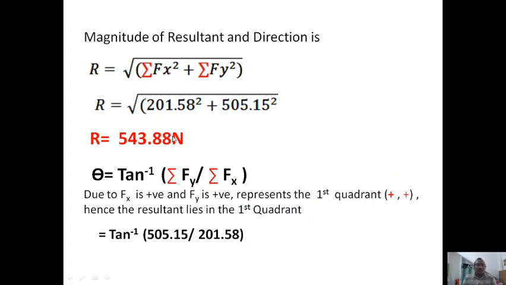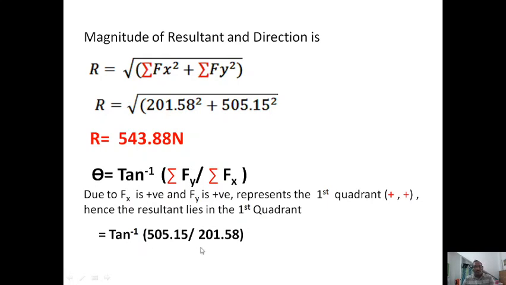So using the magnitude of resultant and direction formula, R is equal to square root of sigma f of x square plus sigma f of y square. Substitute the sigma f of x value and sigma f of y value, then you get the resultant 543.88 newtons. Similarly, by using theta equal to tan inverse of sigma f of y by sigma f of x, since f of x is positive and f of y is positive also, it represents the first quadrant, right?